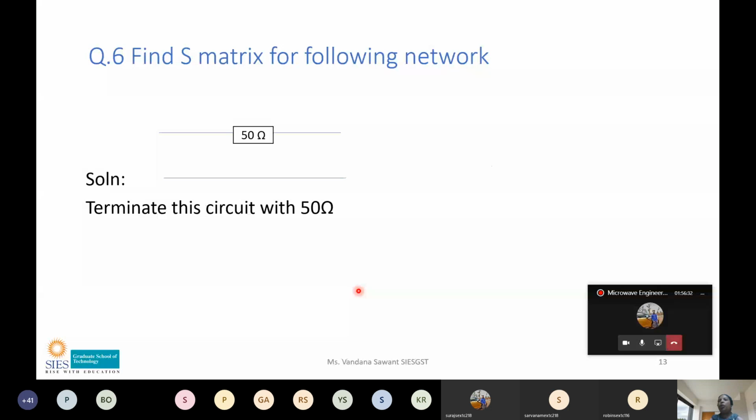So S22 is also 1/3. That is Zin minus Z0 upon Zin plus Z0. Your Zin is 100 and Z0 is 50. So you are getting 100 minus 50 divided by 100 plus 50, that is 50 divided by 150, that is 1/3.